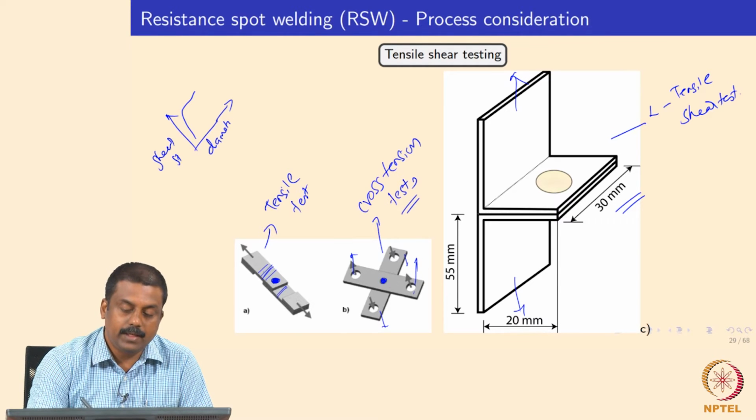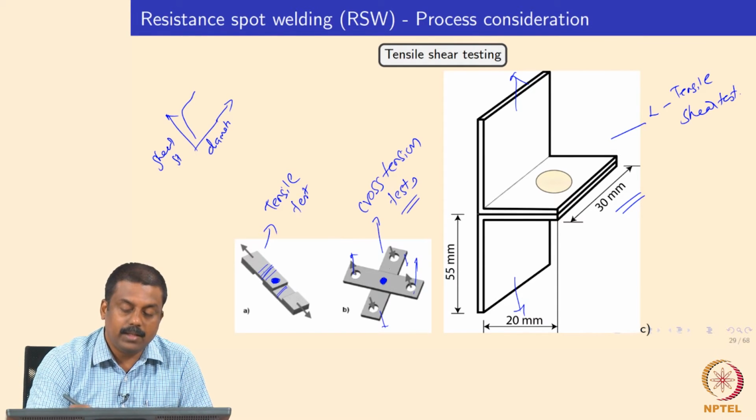In this case we again identify the strength, the maximum load required to break the joint. Again, material can also deform not only in the weld but in the surrounding regions, but apart from the strength we identify the nugget diameter after the failure.